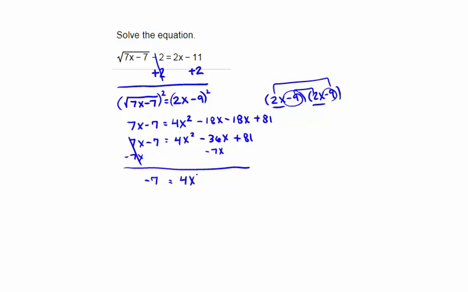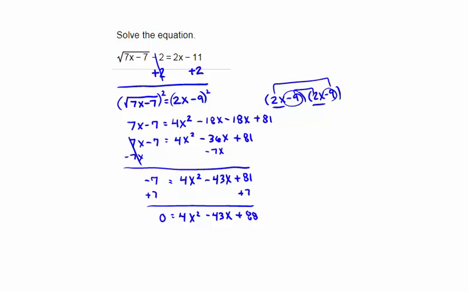And on the right, 4x squared minus 43x plus 81. And then finally, we're going to add the 7 to both sides. And so that's going to give me 4x squared minus 43x plus 88.